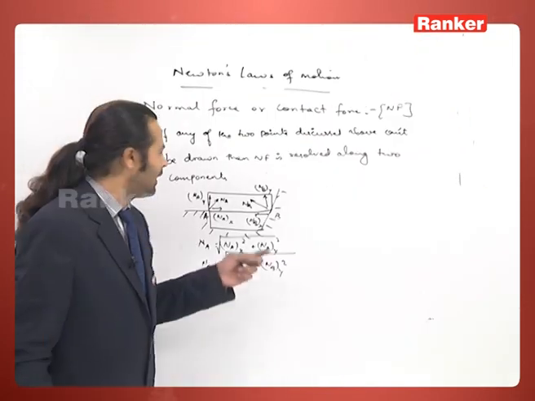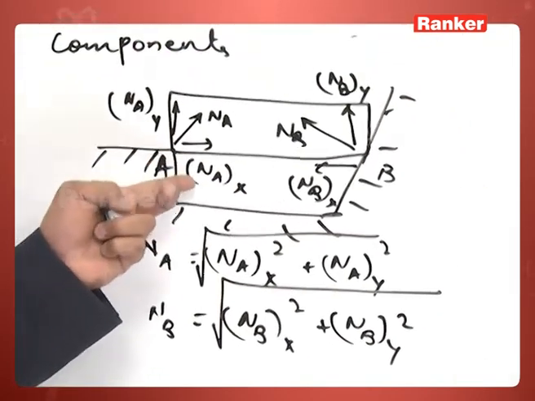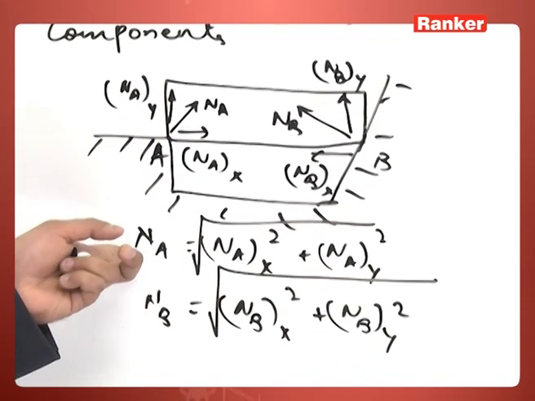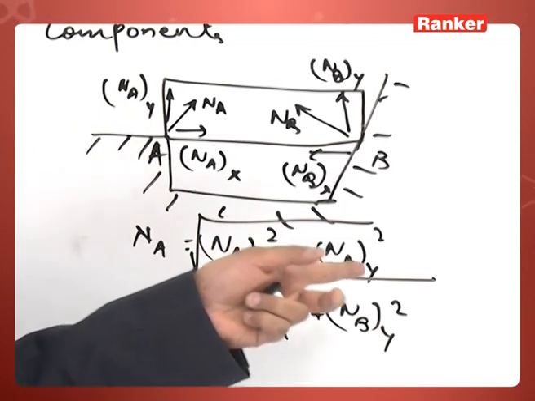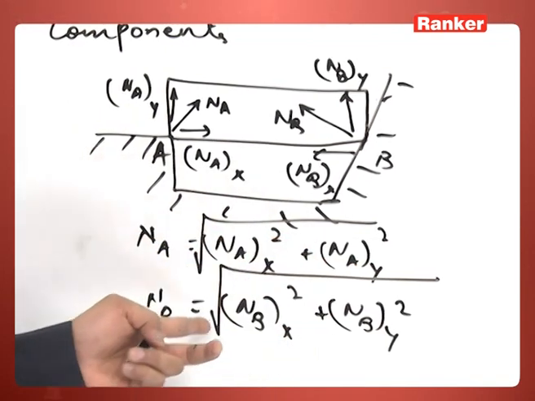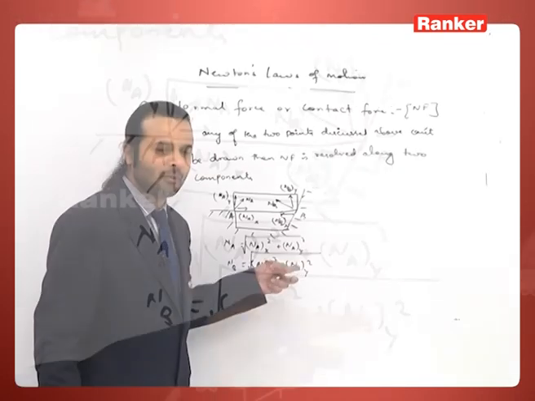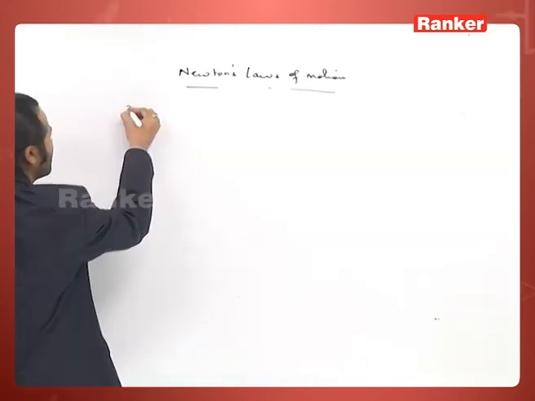It is immaterial in which direction you draw NAX and NAY, because ultimately NA and NB are given by these square roots.